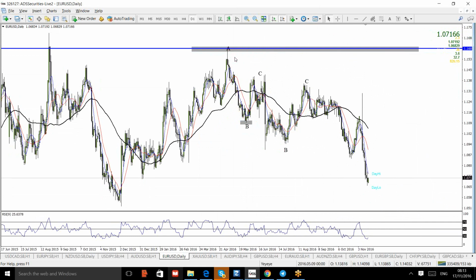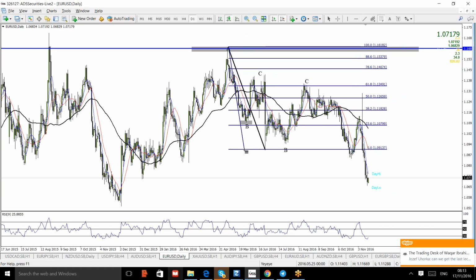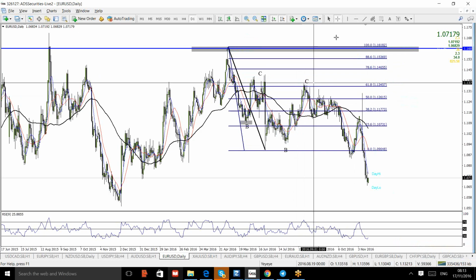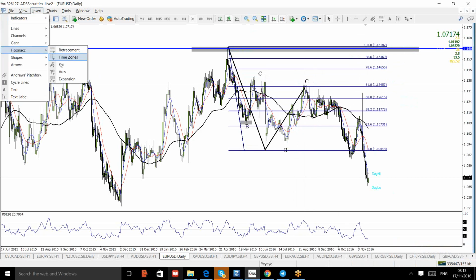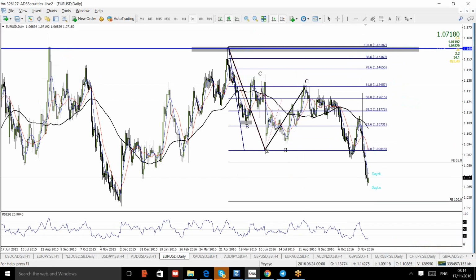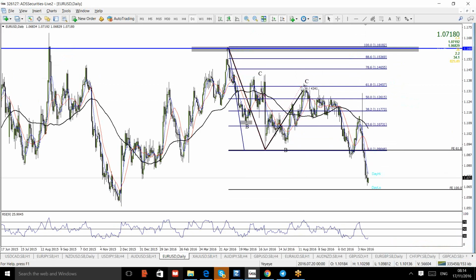Now this is my chart. I want to see an expansion or retracement of this leg, and it goes to 161.8 Fibonacci, right? I will apply the tool, right, guys?